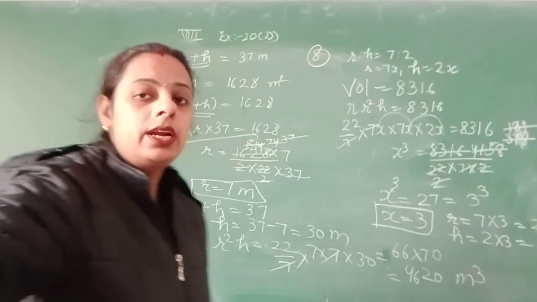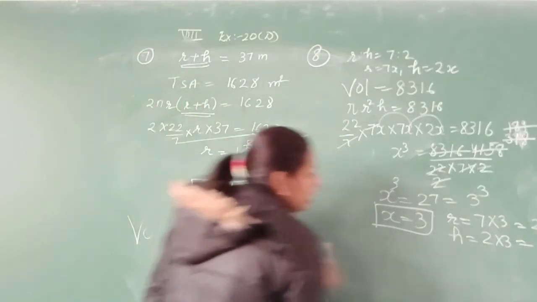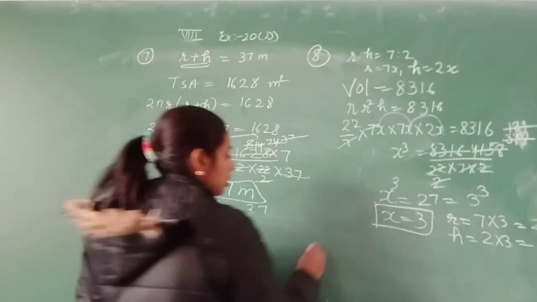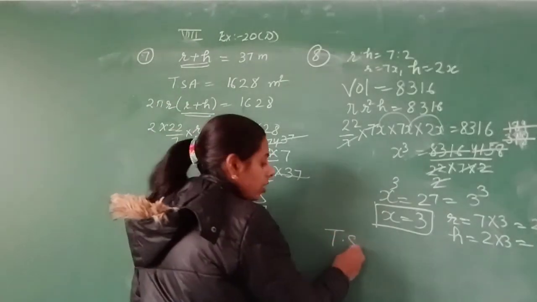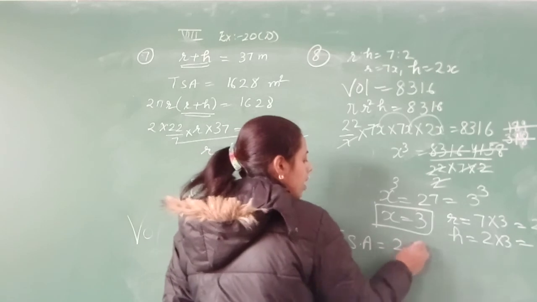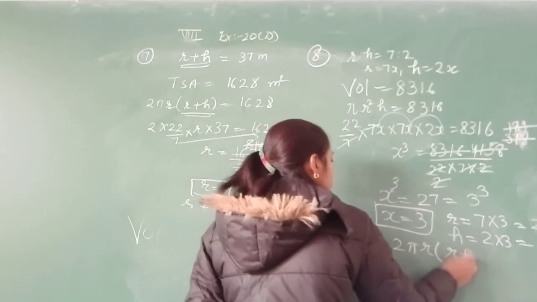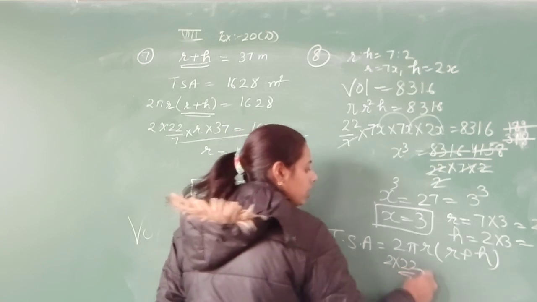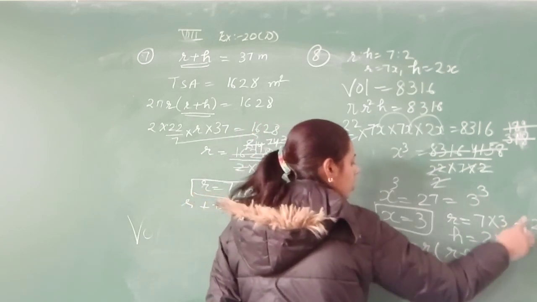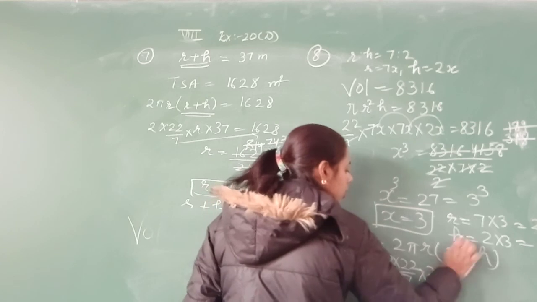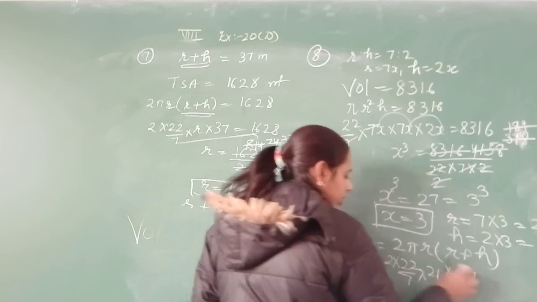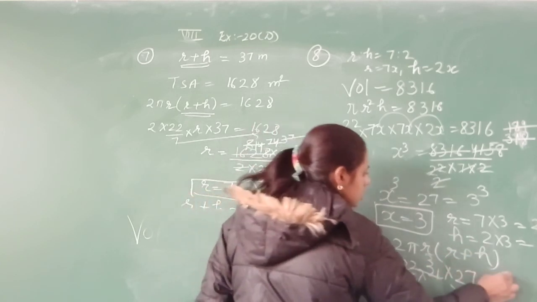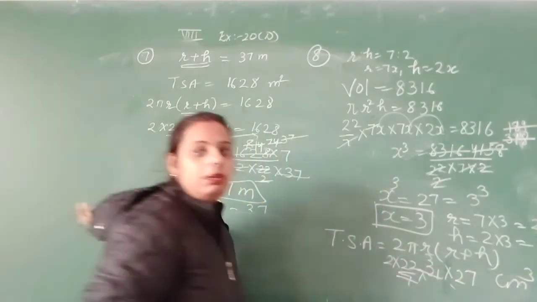What is the formula of the total surface area here? Your total surface area will be 2 pi r into r plus h. Put all the values here: 22 by 7, r is 21, then 21 plus 6 becomes 27. So multiply these terms and get your answer in centimeter square.